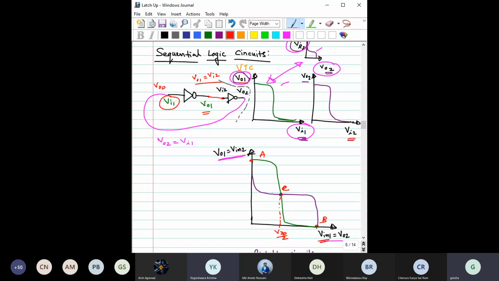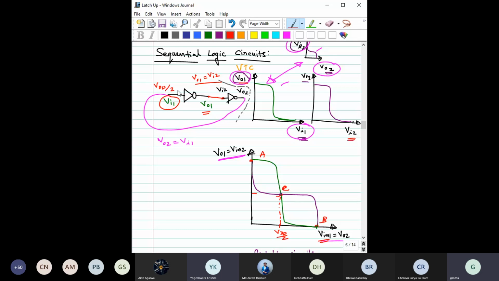That will give the output VDD by 2, the same output. Again VDD by 2 as the input for this will give VDD by 2 as the output. Then that is again feeding back here. So VDD by 2, and then the loop is sustained.